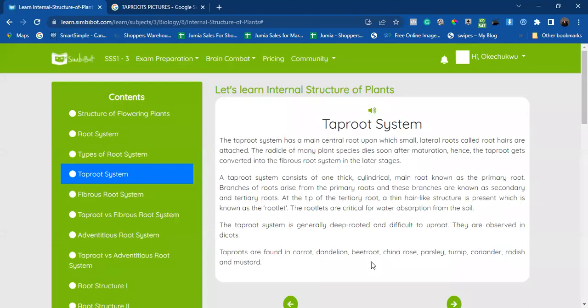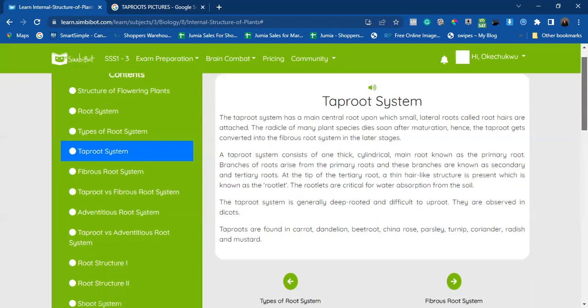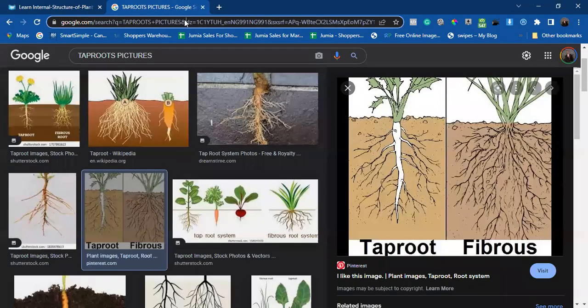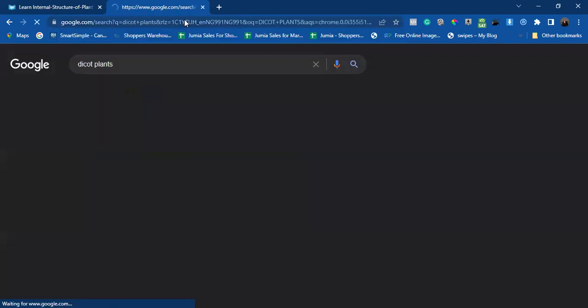The taproot is generally deep rooted and difficult to uproot. They are observed in dicots. You remember what I said: taproots are found in dicotyledons, while fibrous roots are found in monocotyledons. Examples: carrot, dandelion, beetroot, China rose, parsley, tulip, coriander, mustard.